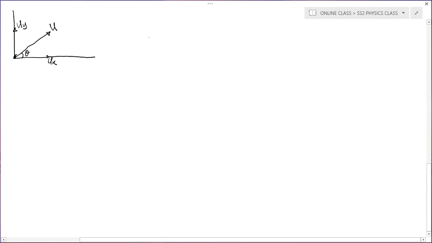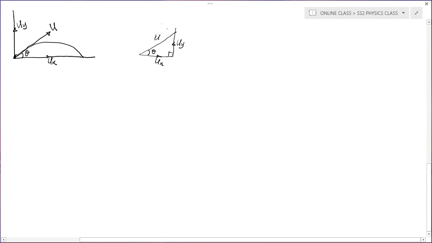If we combine it together, you'll be seeing that we'll be having the vertical, the horizontal, and the velocity u. Here is theta, here is angle 90, here is uy, and here is ux.